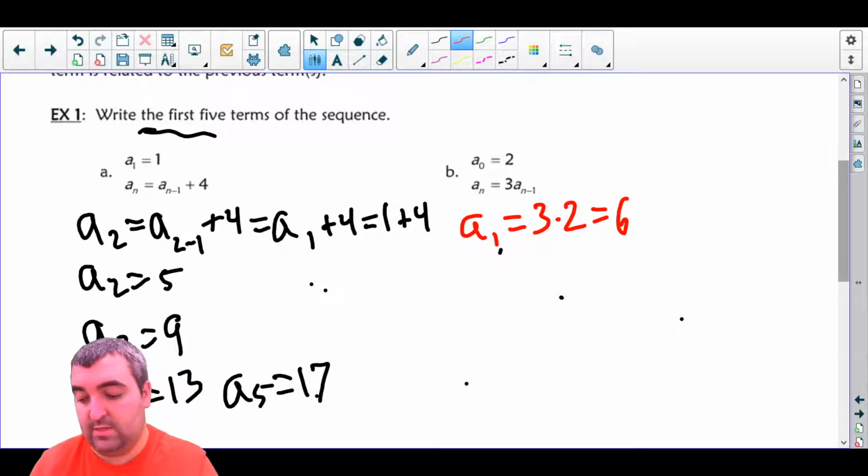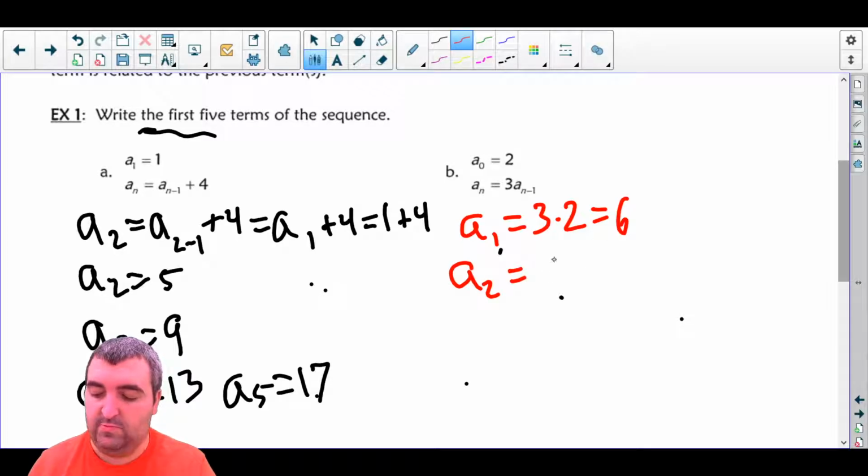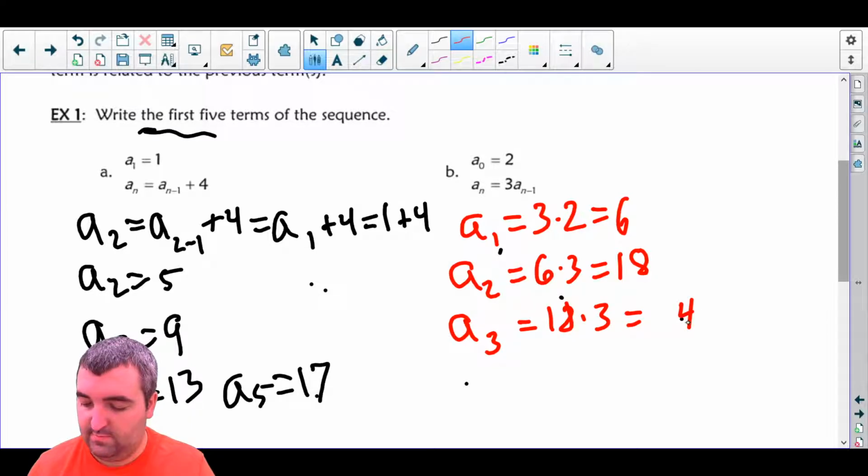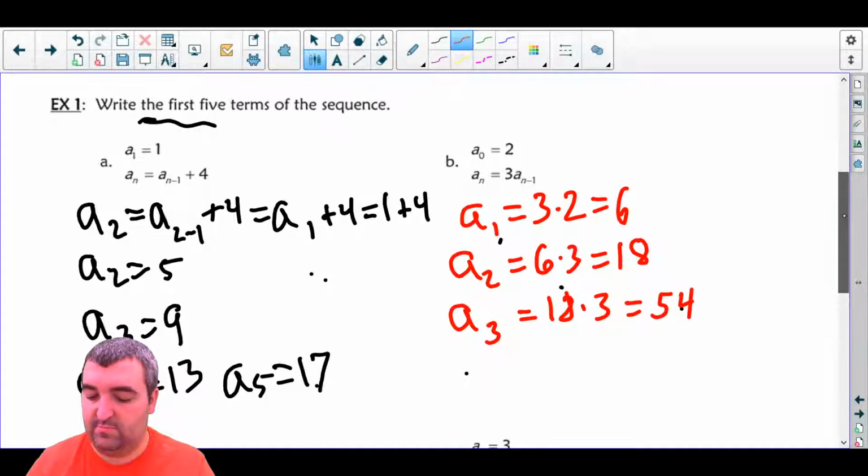And then you can see the pattern, oh, I'm multiplying by 3, which is what the rule tells us anyways. So a sub 2 would be 6 times 3, well, 3 times 6, but that's okay. So 18, and then 18 times 3, so 54, and then do that until you find all 5 terms, okay?